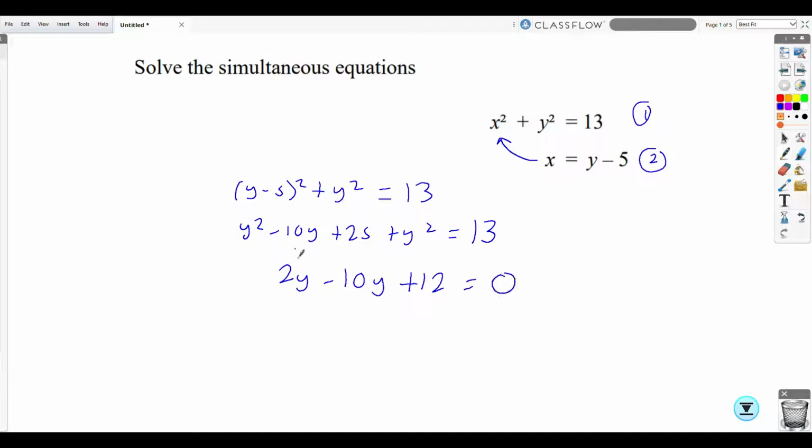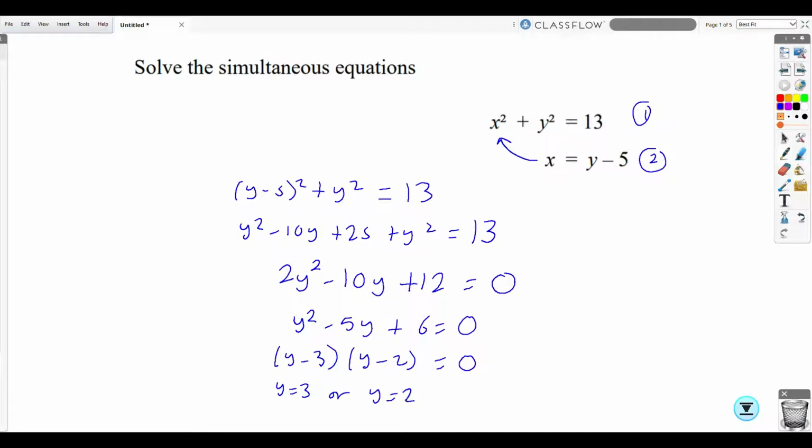You should be able to spot that if I divide everything by 2, it will make the factorization easier. So I could simplify that to y squared minus 5y plus 6. So here we're looking for the factors of 6 that give us minus 5, which will be minus 3 and minus 2. So you've got a bracket of (y minus 3) and then a bracket of (y minus 2). That means your solutions for y are going to be y equals 3 or y equals 2.